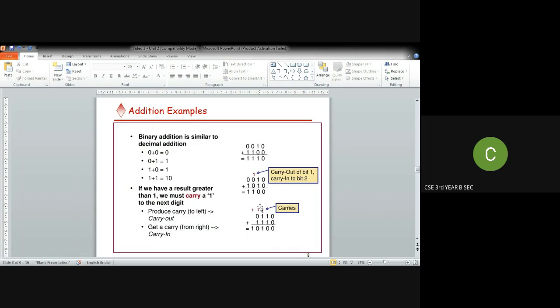So the carry 1 is given to the next bit, and the sum is also 1. Now 1 plus 1 is 10, which means the sum is 0 and the carry is 1. Now we have the carry, so this is the carryover bit, and the 1 represents the carryover bit.